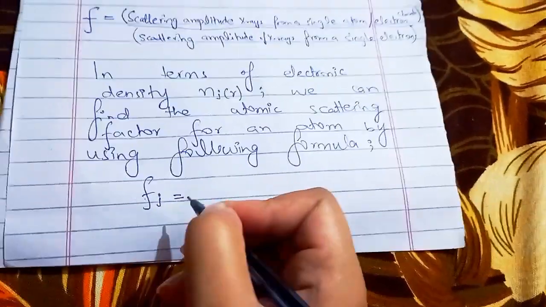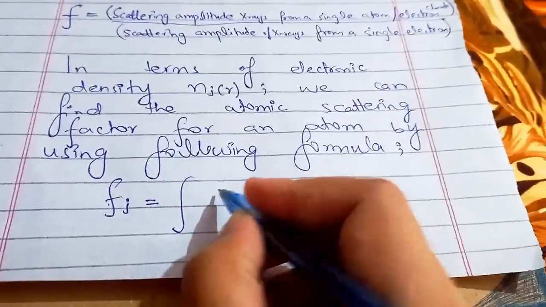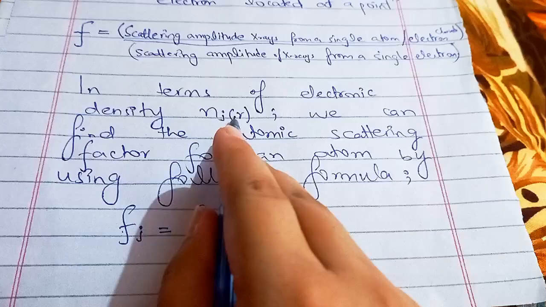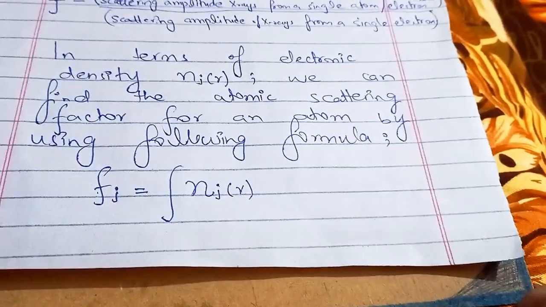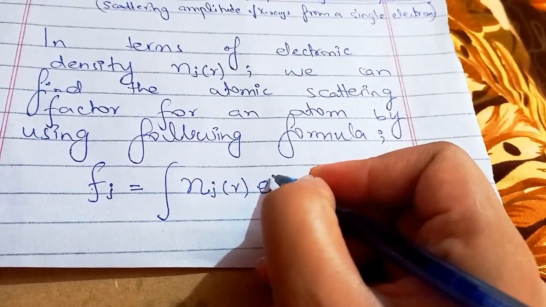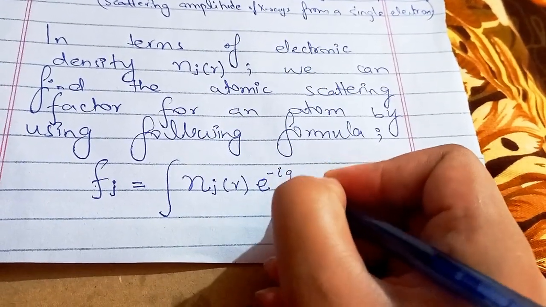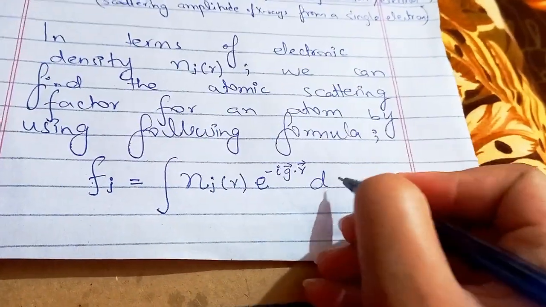It is equal to Fj equals the integral of the electronic density multiplied by the position factor, which is e to the power minus iota g dot r, dv.